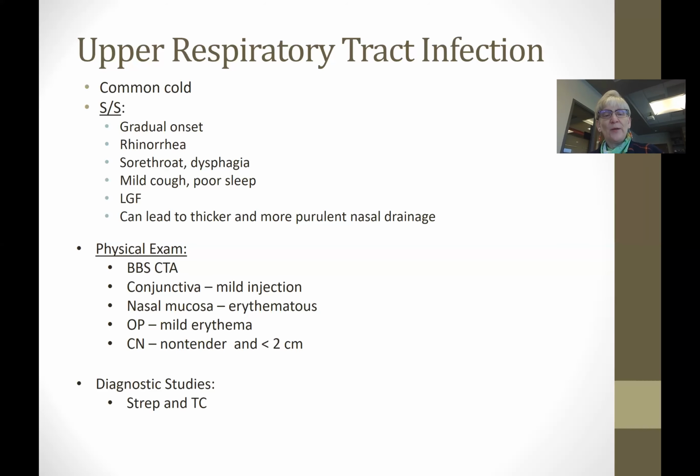So we're going to do a strep and a throat culture. We always follow up strep with throat cultures in our office for a reason, because sometimes kids will have not group A strep, and the strep test is very specific for group A beta hemolytic strep. So you can have a quick strep that's negative, okay? And this kid looks like strep, smells like strep, acts like strep, but you have a negative test.